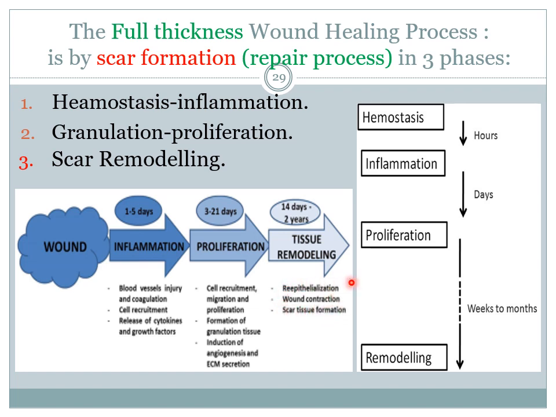Therefore, the hemostasis 4 hours, then inflammatory phase 4 days up to 5 days, then proliferative phase after that from day 3 to 21 days, and finally remodeling from 2 weeks up to 2 years.